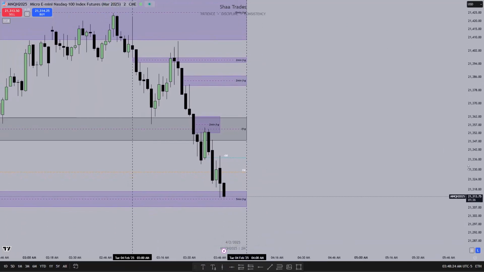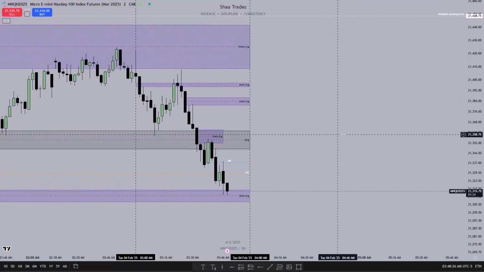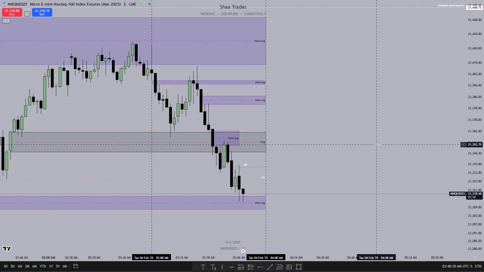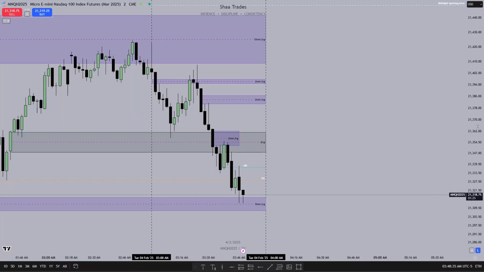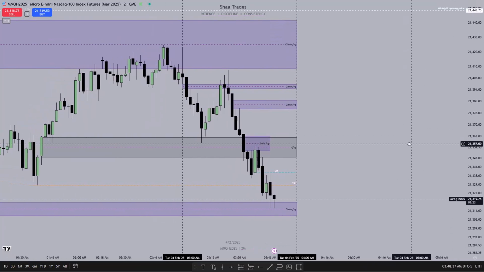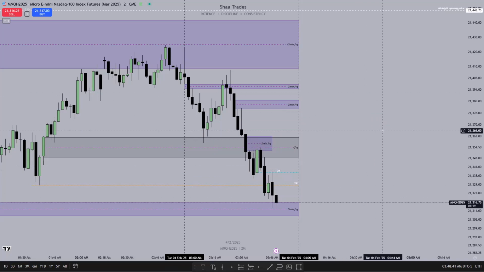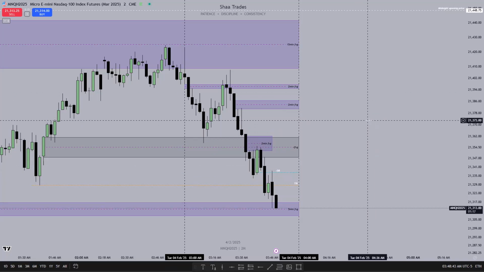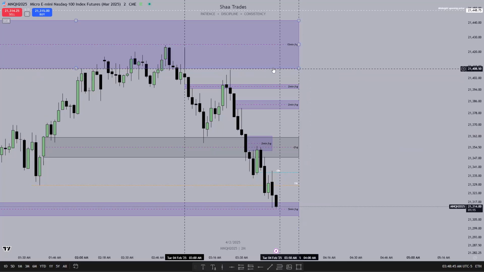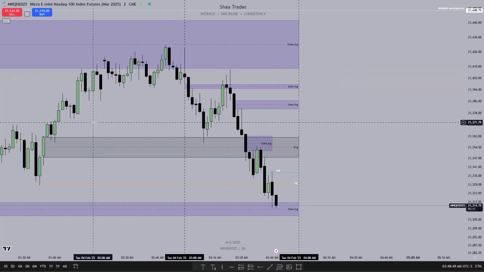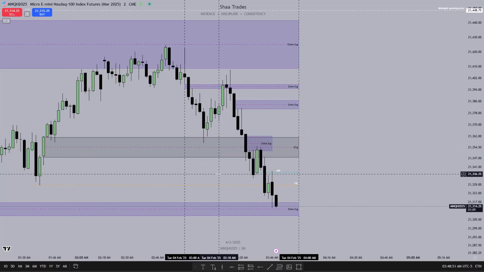But yeah, this is how I go over reading price action during the silver bullet, just to do a little breakdown of this trade. Came in, went on the 15-minute chart. 15-minute was here, another one was about here if I'm not mistaken.